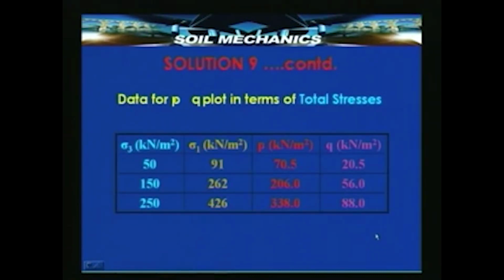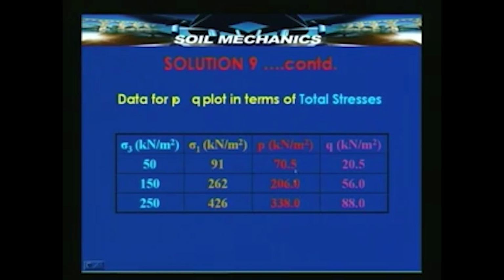Now, suppose you want to determine the same thing using PQ plots. Then the data for plotting the PQ straight line in terms of total stresses will be this, because we already know values of sigma 3 and sigma 1. P is nothing but the sum of the 2 divided by 2, Q is nothing but the difference between the 2 divided by 2.